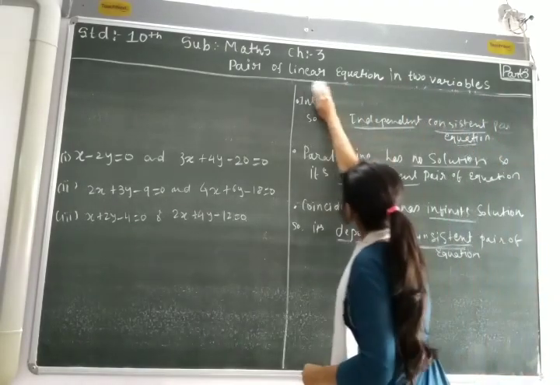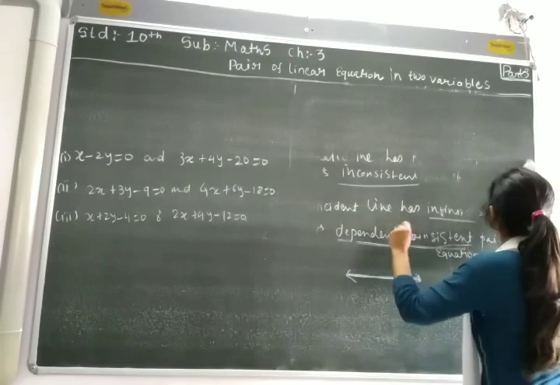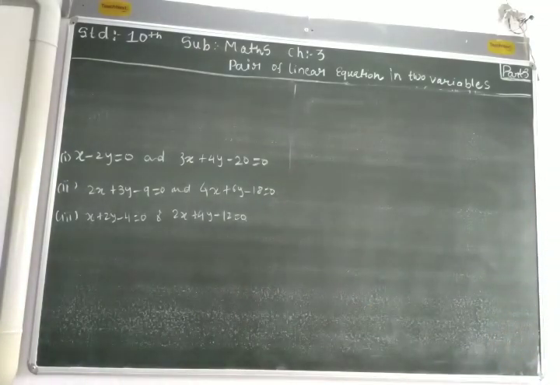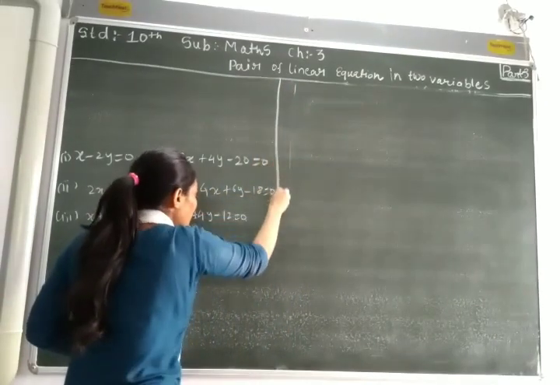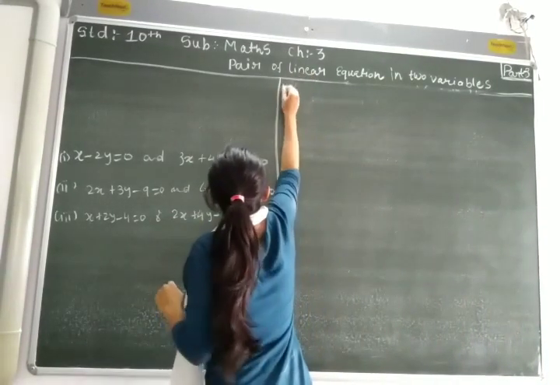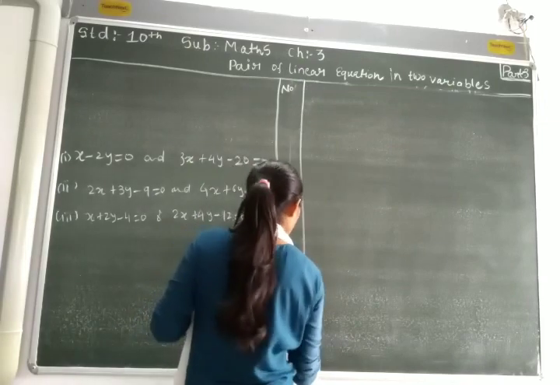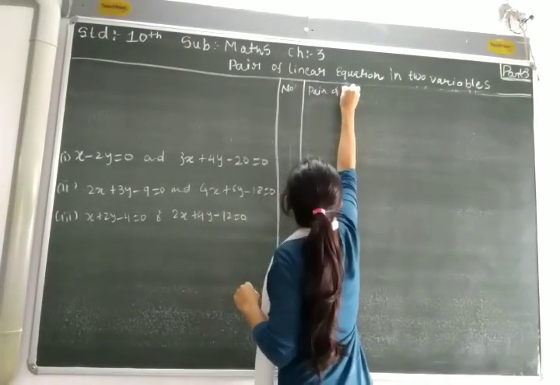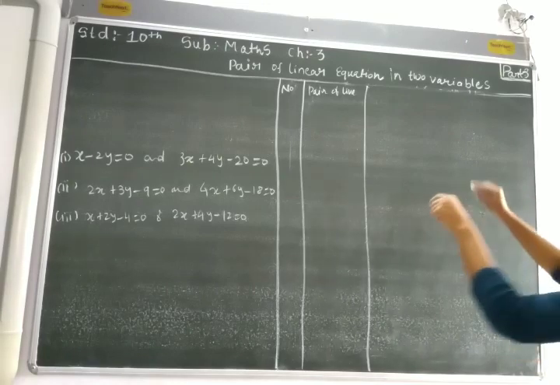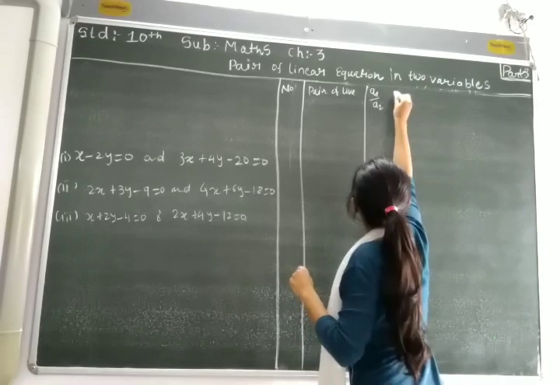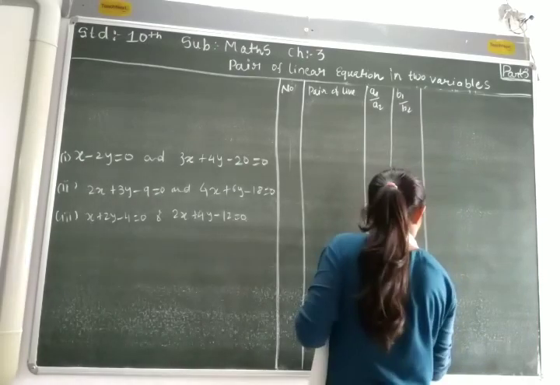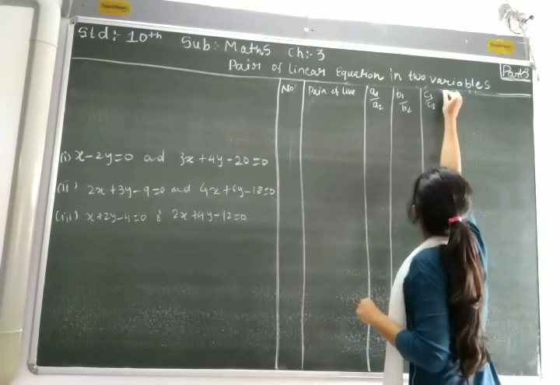So let me do this. Number of pair of lines and A1, A2, B1, B2, C1, C2.